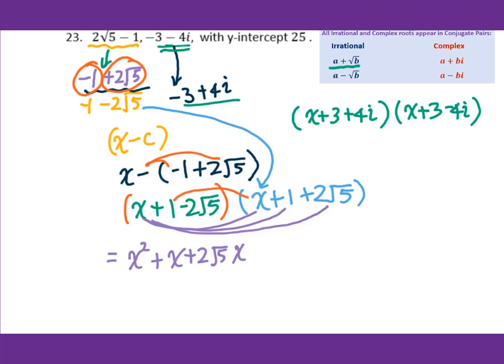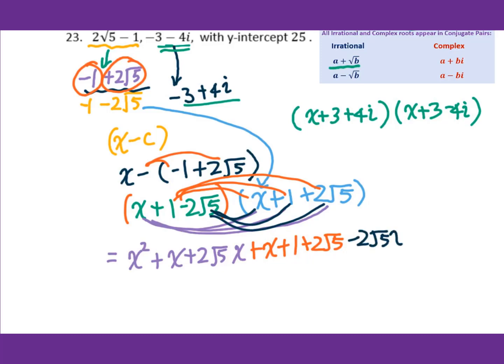For these, you will get plus x plus 1 plus 2 square root of 5. And for these multiply, you will get minus 2 square root of 5x, minus 2 square root of 5, then minus 20, because 2 square root of 5 squared, 2 squared is 4, then square root of 5 squared is 5, that equals 20.